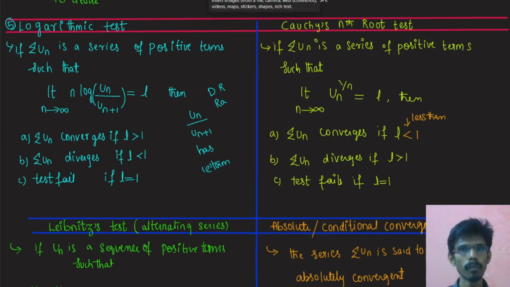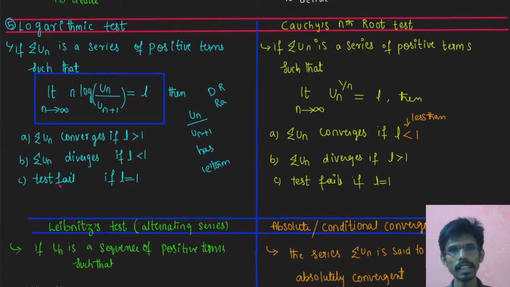If the limit n tends to infinity, n into log of un by un plus 1, is finite, L greater than 1, then it converges, L less than 1 diverges, L equal to 1, the test will fail to say anything about convergence or divergence.